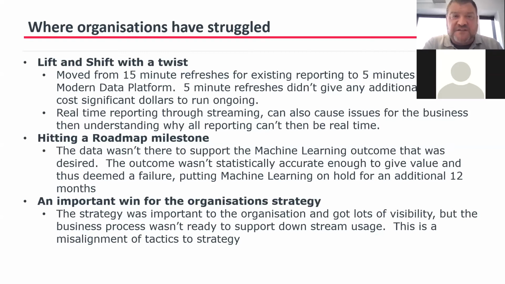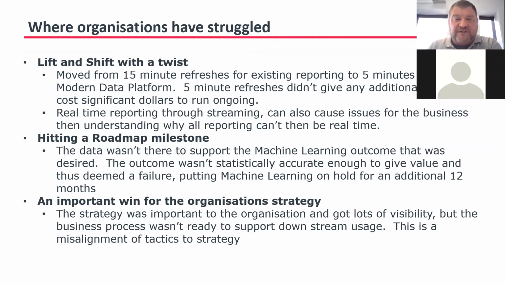With the roadmap milestone, we saw another machine learning project that we were a part of, where the outcome was still okay, it still worked, but the data in the back end wasn't of good enough quality or scale to give us an accurate enough outcome that the users could use it to enrich the decision making they already did.